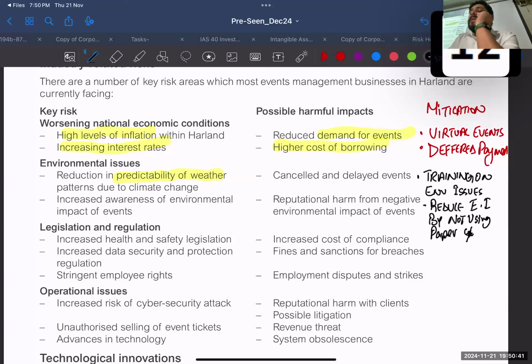Let's suppose by not using paper glass in your event. I'm just giving an example. You can add any other example.